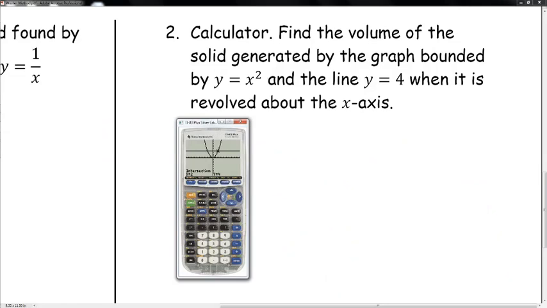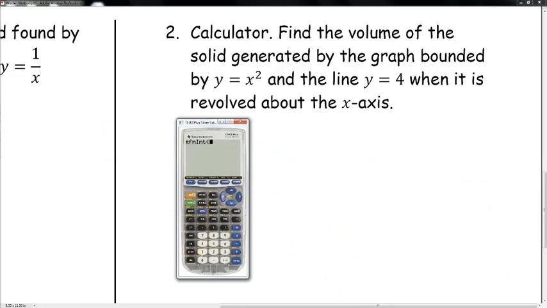We're going to do, in this case, top minus bottom. And so my capital R is going to be 4. So it'll be 4 squared, 16, minus lowercase r, which is going to be the parabola. So it would be x squared squared, which would be x to the 4th. So we can just go back to our home screen and just set it all up. So I'm going to do second pi, that's our coefficient, and then math 9.